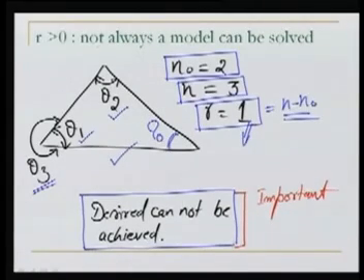So not always can a model be solved even if the redundancy is more than 0. So this is important. Introducing redundancy in the observations is not the only thing. Rather, introducing the redundancy in such a way that the desired quantity can be estimated is required.